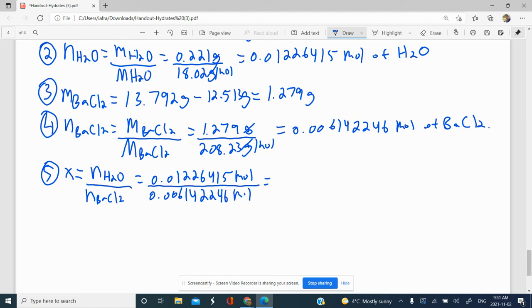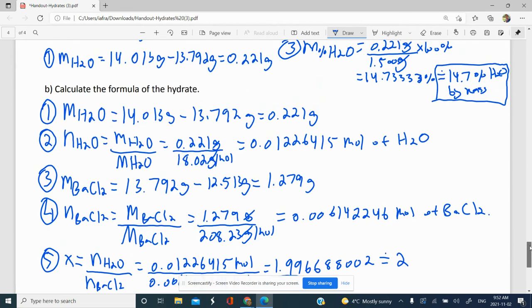So let's go ahead and do that. 0.01226415 divided by that smaller mole value, and we get 1.996688002, which we can round, because we're in that rounding region, to about 2.